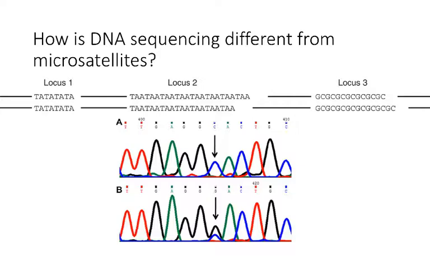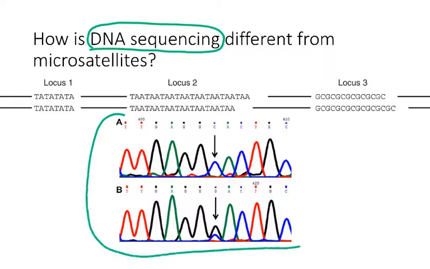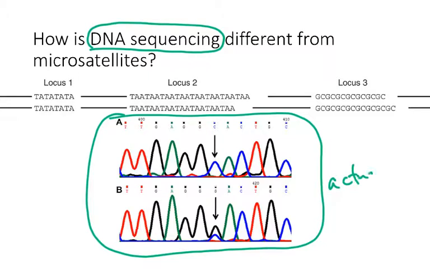One of the main differences is the types of data that you get. So DNA sequencing, what you're interested in, which is shown here on the bottom in these chromatogram images, are the actual nucleotide differences. NT is often an abbreviation for nucleotide.